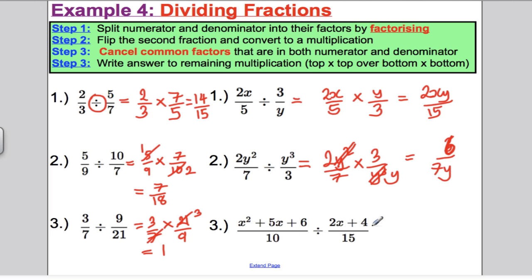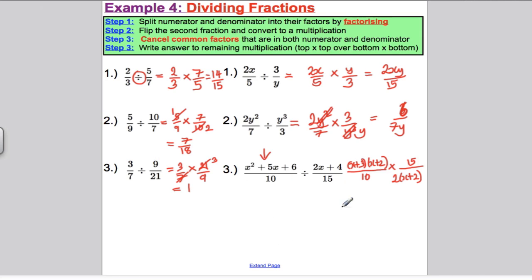Okay, this one here, let's do some factorising first, let's factorise and do the flip at the same time. So this factorises to x plus 3 times x plus 2, over 10. Change to a times, flip it, so 15 over, and we would have a 2x plus 2.